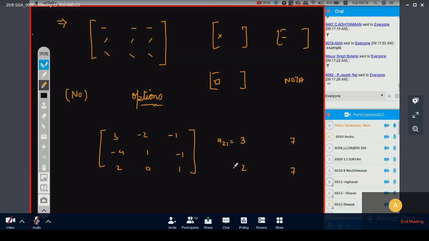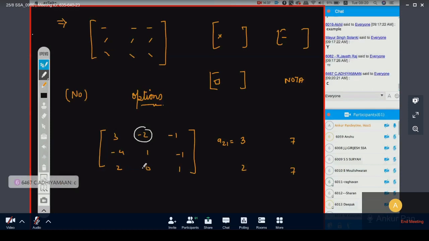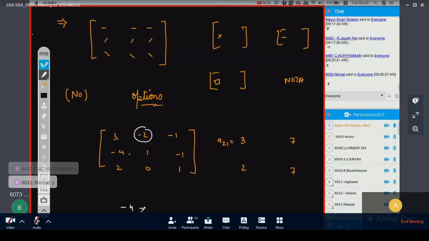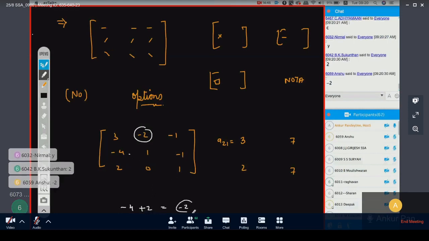Try. How will you receive A21? A21 will be the cofactor of this one. Yes or no? A12. Clear? Quickly. Minus 4 minus of minus 2 coming as negative 2.